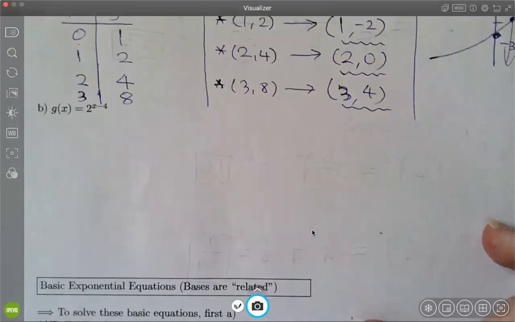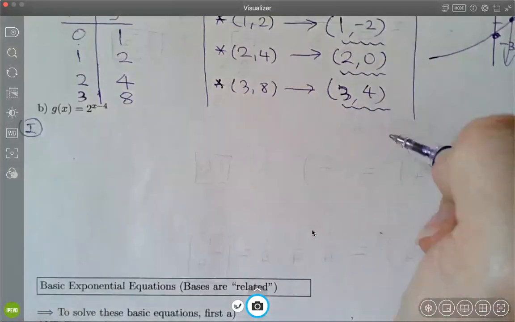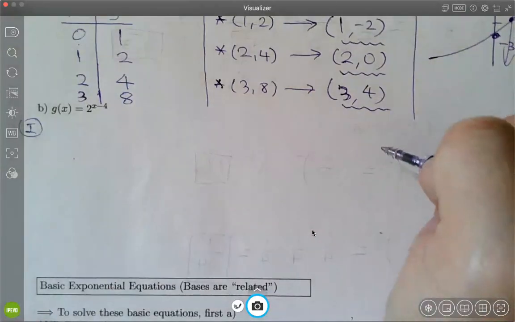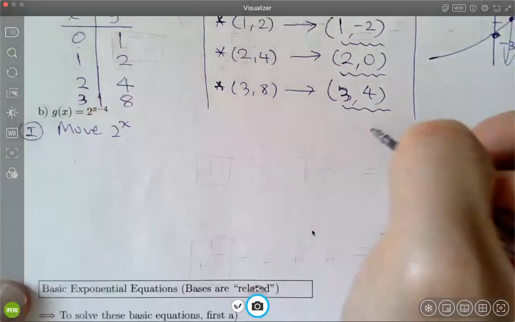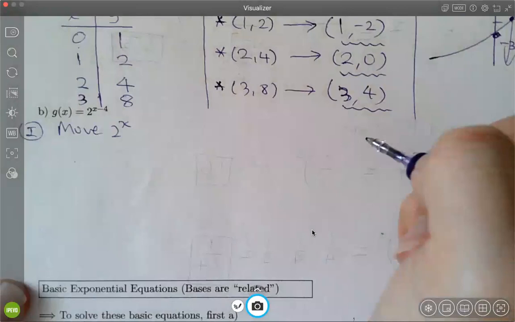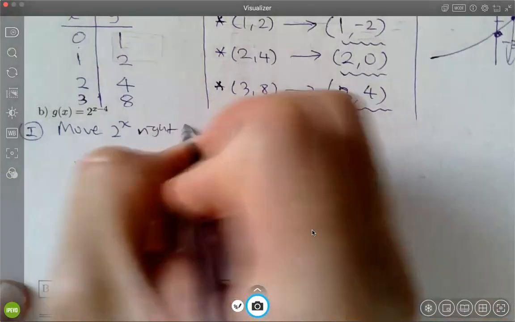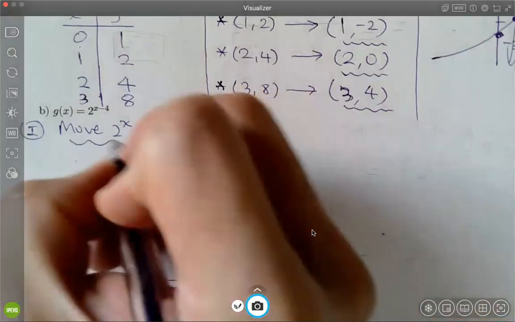Okay, so now here we'll do the same thing. Now, does this mean we move 2 to the x down 4? No. Where do we go? Right 4. The right 4, yes, right? Okay, right 4. So this time we move right 4.